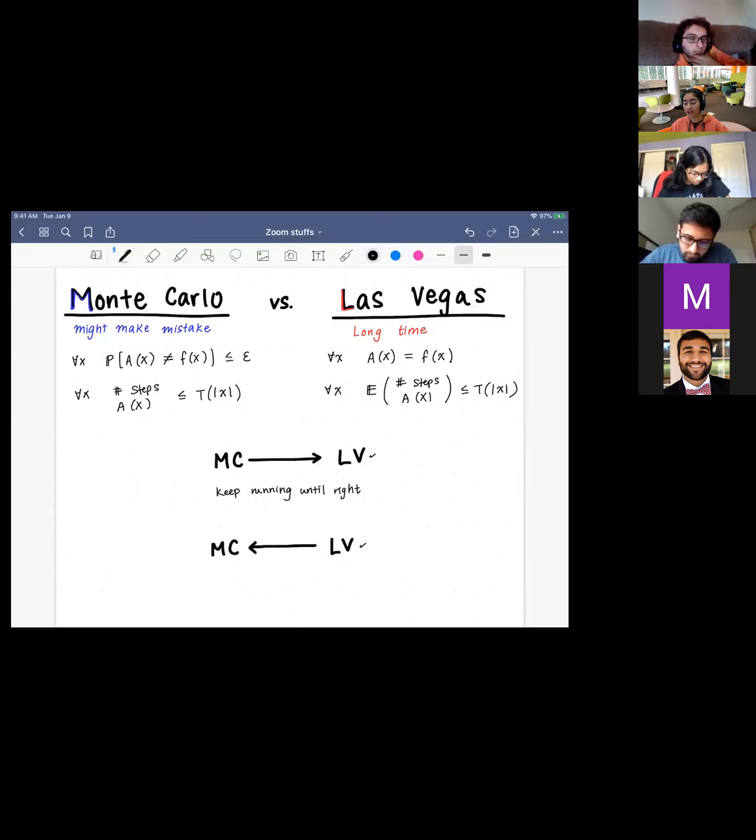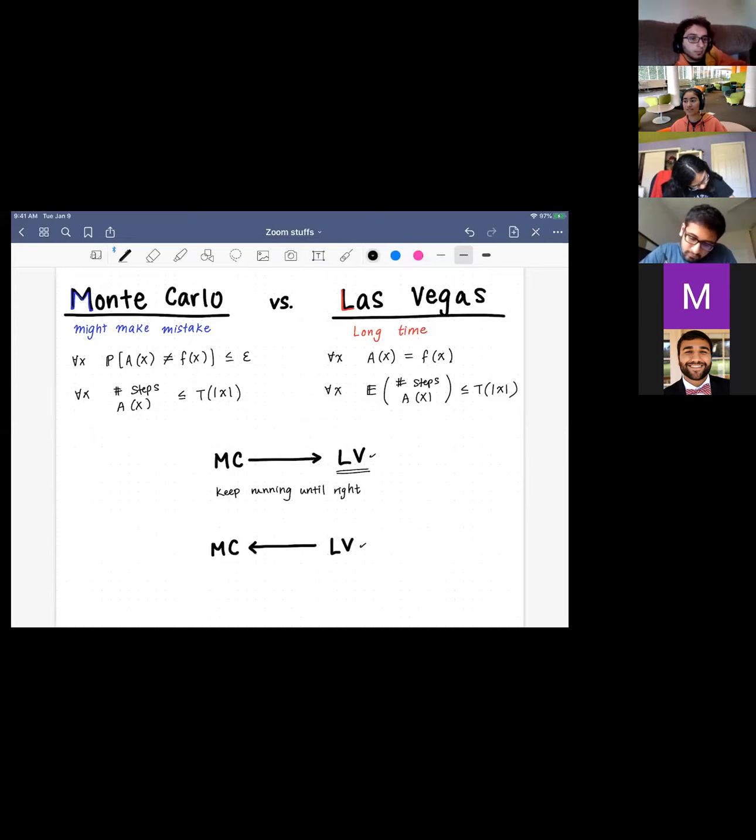And the reason you can keep running it is because you're turning it into a Las Vegas algorithm, you don't really care how long you take. Well, I shouldn't say it like that. You do care about the expected runtime. So if we ask you to turn a Monte Carlo algorithm into a Las Vegas algorithm with expected runtime blah, it should have expected runtime blah. So we do care how long it takes, but we don't care for an exact bound. We just need an expected bound.